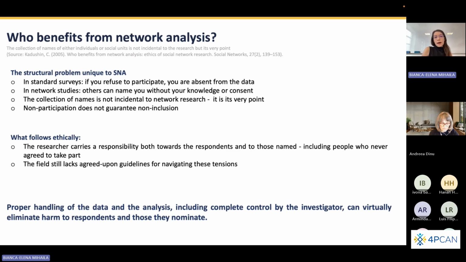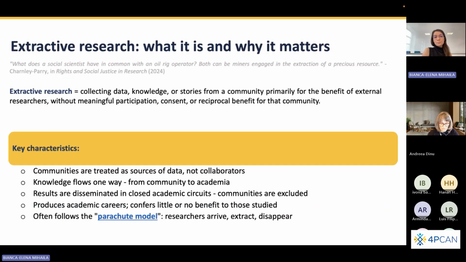At the same time, the question Kadushin raises leads to a general question related to how we should deal with different types of research, and who are the main beneficiaries of research and of the results of the research.